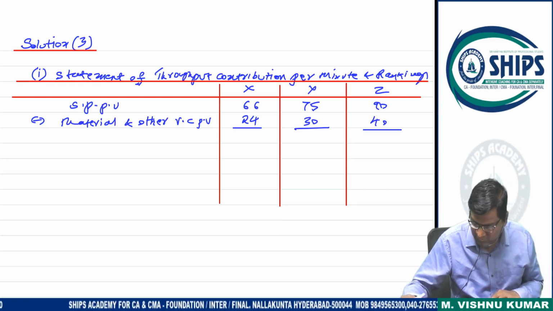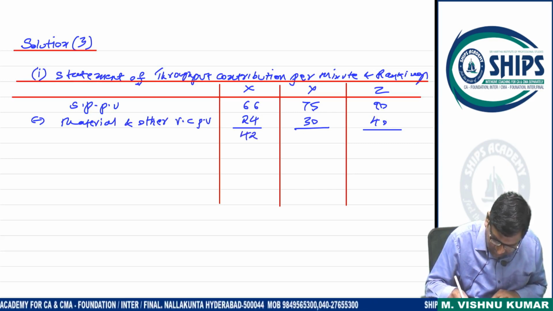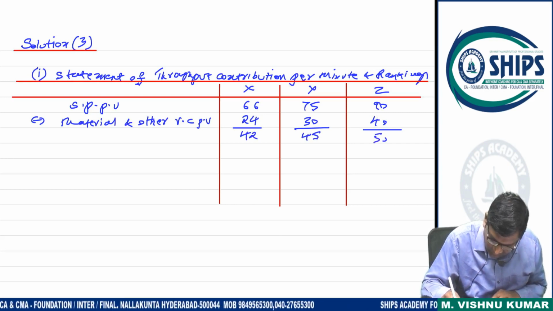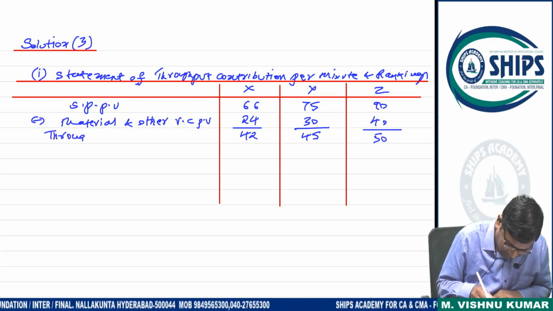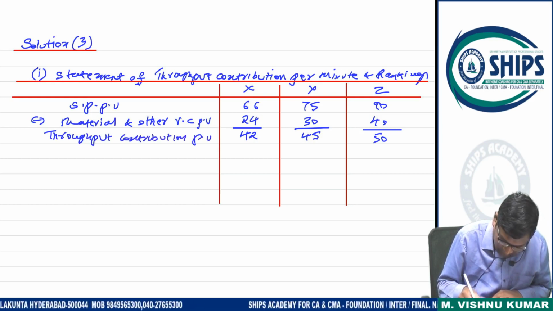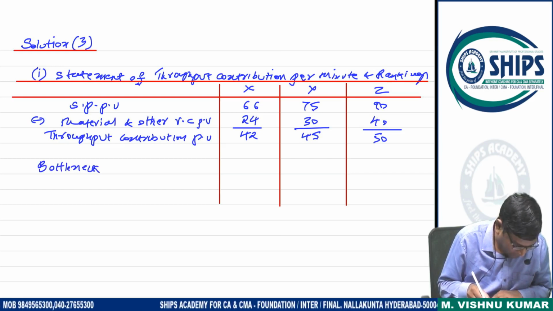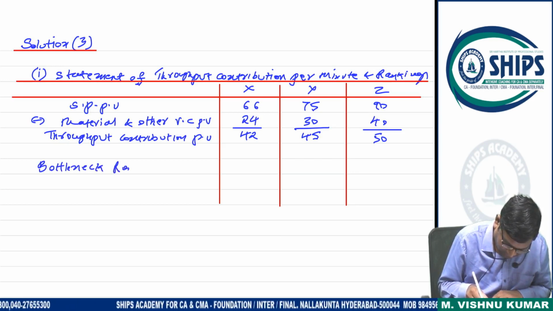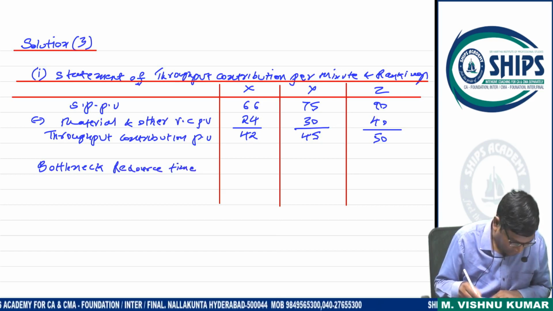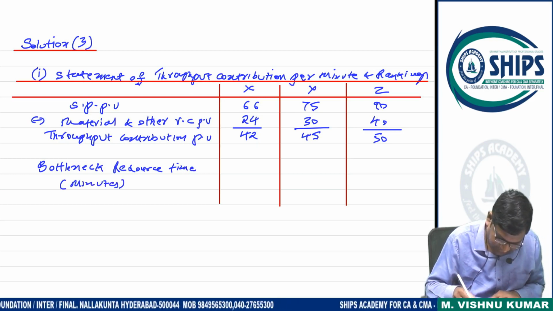Okay. So 66, 42, 45, 50. Throughput contribution per unit. This is given in minutes.